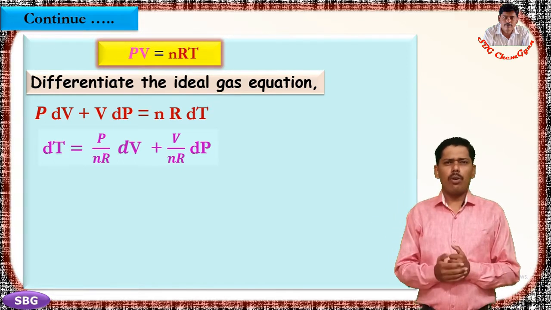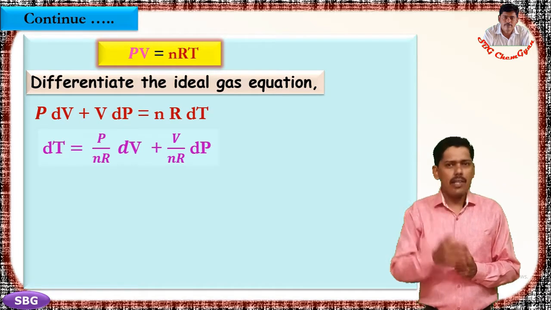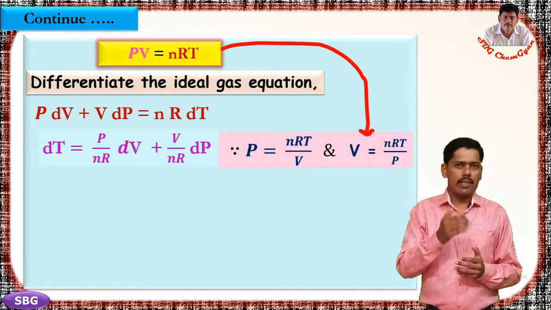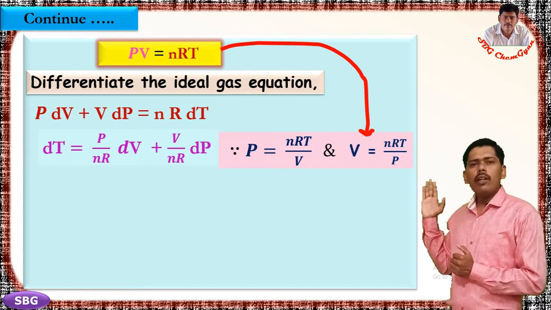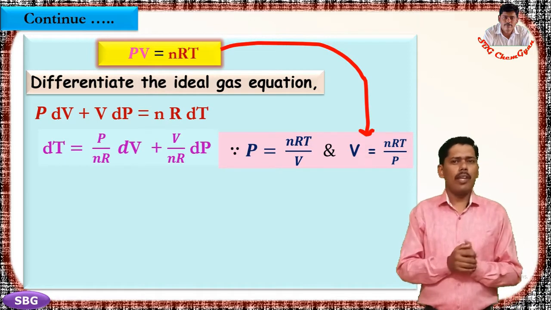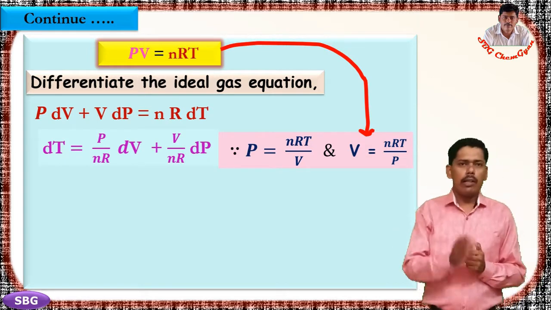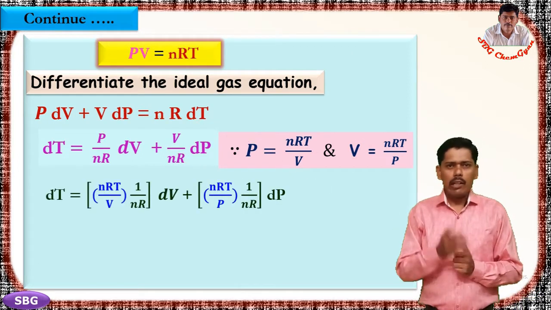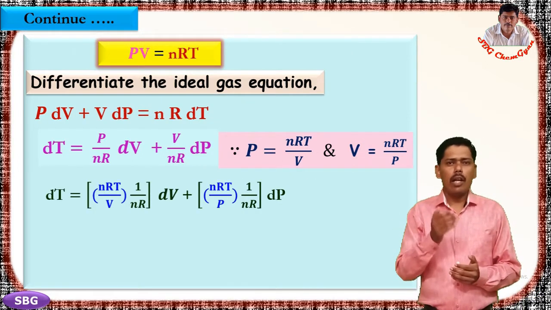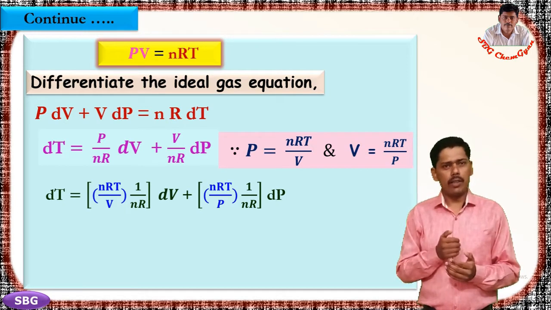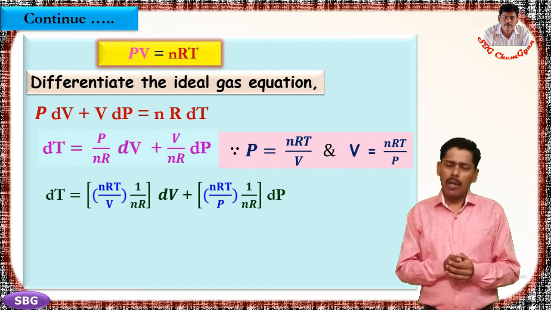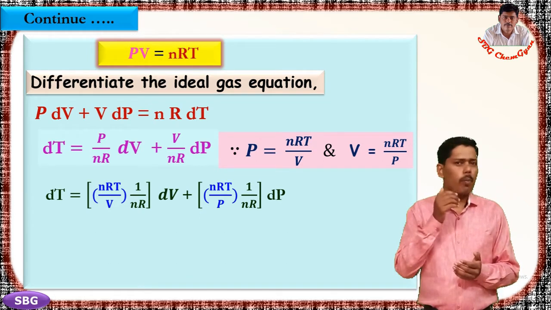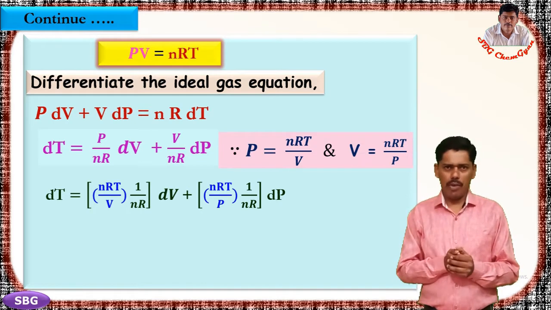For getting the value of P and V, we rearrange the ideal gas equation and put these values, that is nRT upon V instead of P and nRT upon P instead of V. Then we get dT is equal to nRT upon V into 1 by nR into dV plus nRT upon P into 1 upon nR into dP.